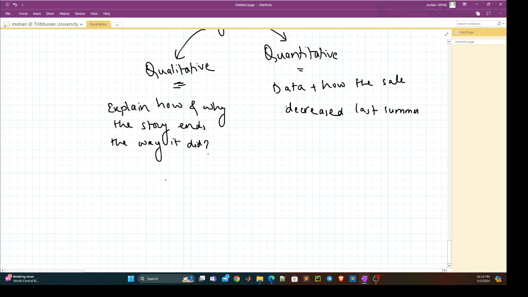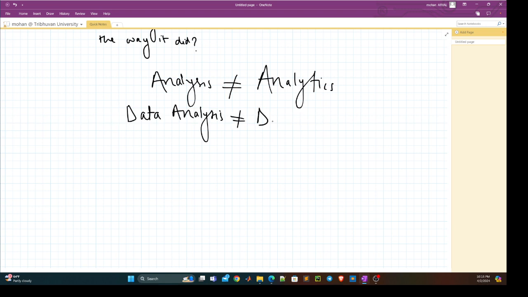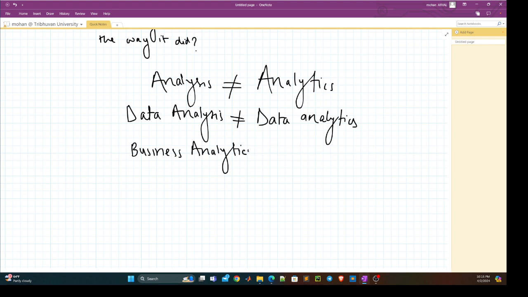So we can say that analysis is not equal to analytics, and the next thing is data analysis is not equal to data analytics, and business analytics is not equal to business analysis.